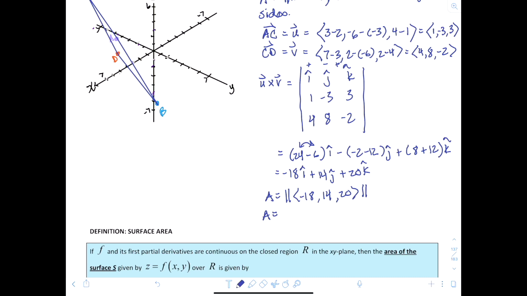So we would get the absolute value of 2 times the magnitude of (-9, 7, 10), which would give us 2 times the square root of 81 plus 49 plus 100.